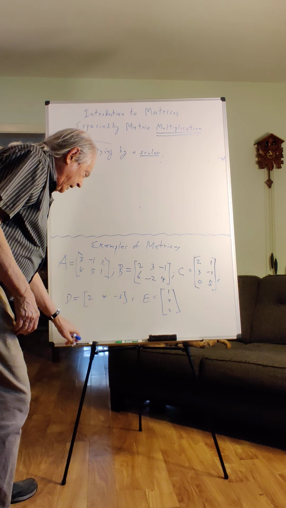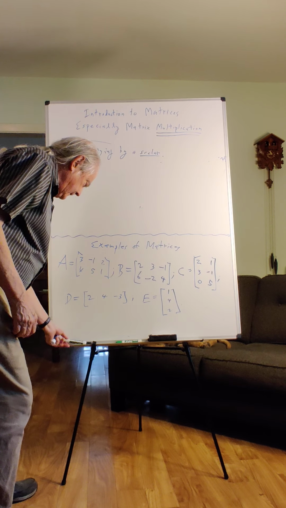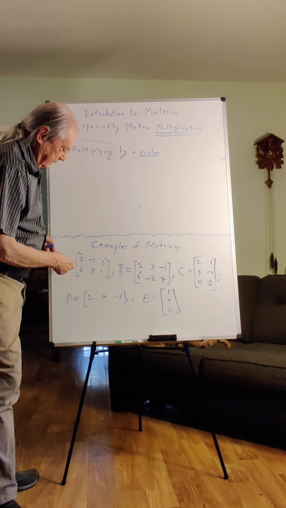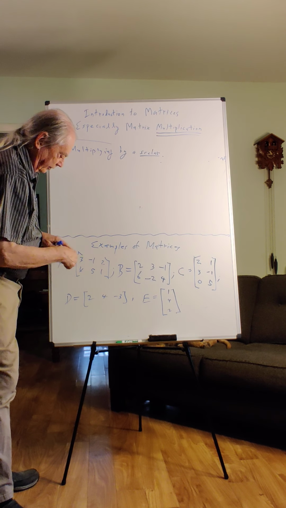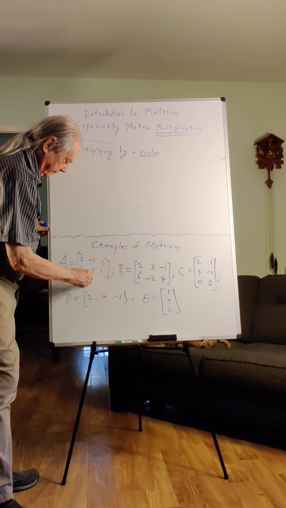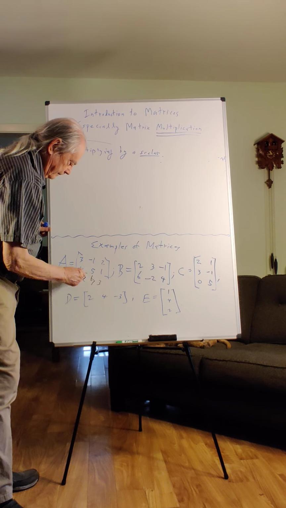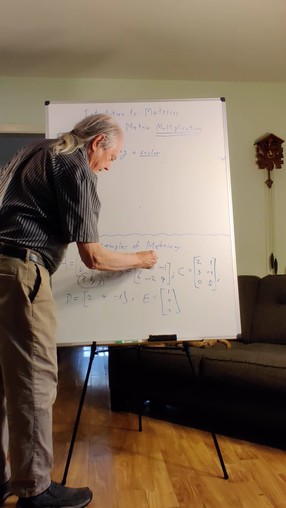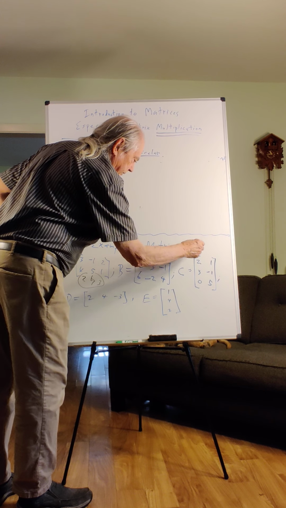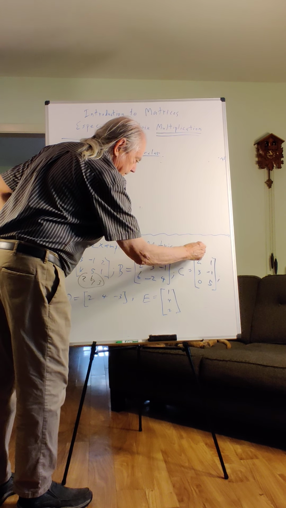Oh, by the way, something I haven't mentioned. Let's see what the size of these matrices are. This has 2 rows and 3 columns, so it's 2 by 3. This one is 2 by 3 also. This one is 3 by 2.